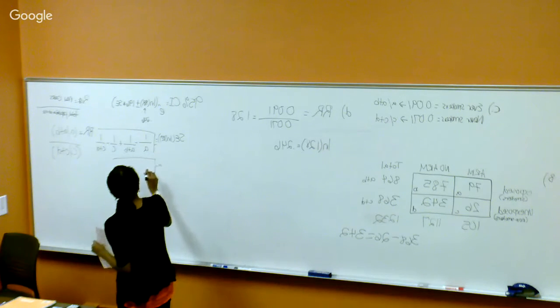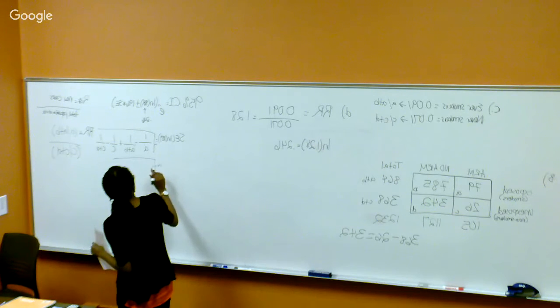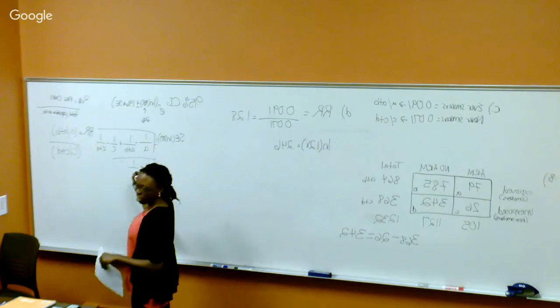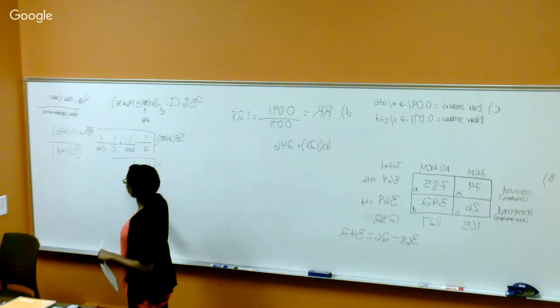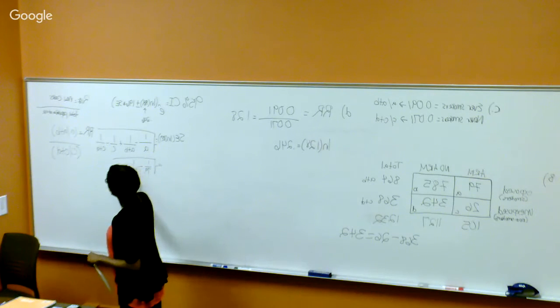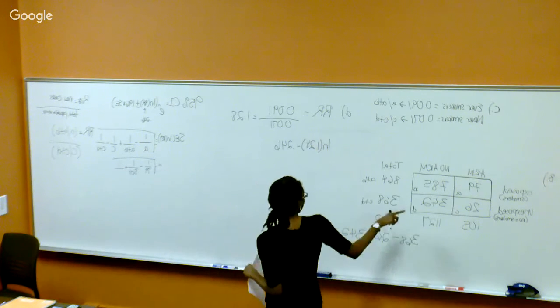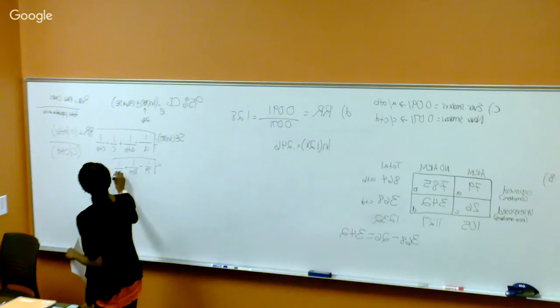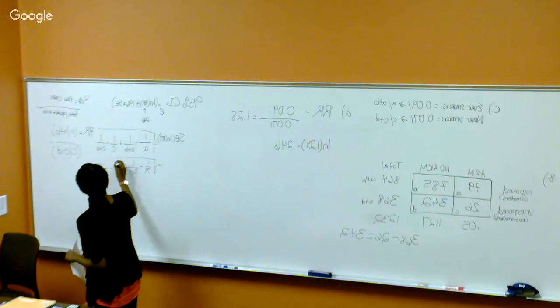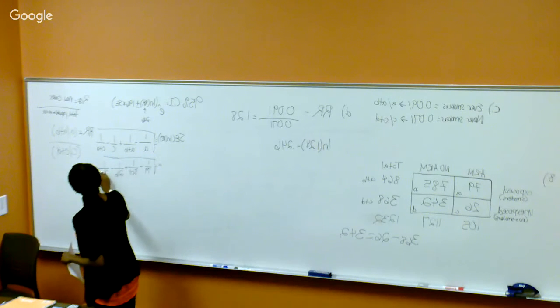So that's 1 over 79, minus 1 over 864, plus 1 over 26, and then minus 1 over 368.